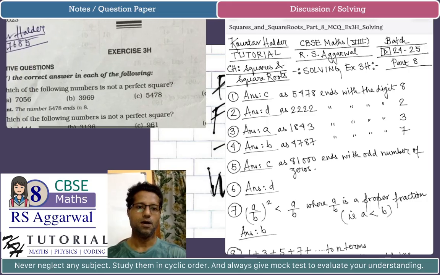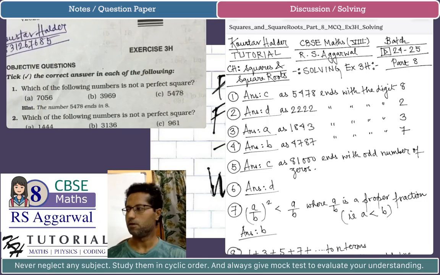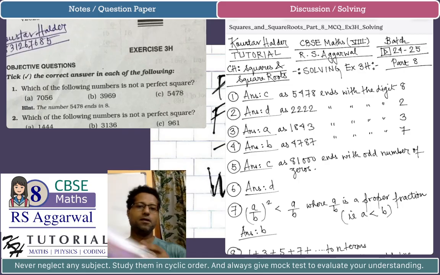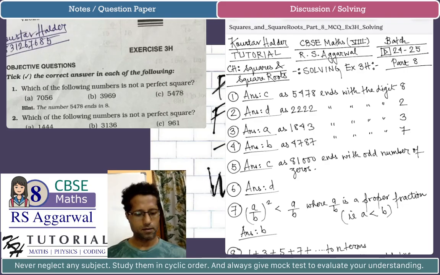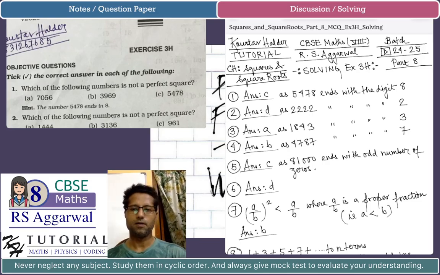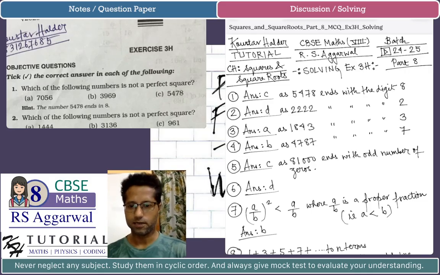In the next video, I will solve the test paper. I guess it is test paper 3 of the chapter squares and square roots. There are 13 questions divided into sections A, B, and C. So I will solve that in the next video, and once that is solved, I will create a video on the diagonal method of finding the square of a number, because that is also an important concept which I could not understand as of yet.